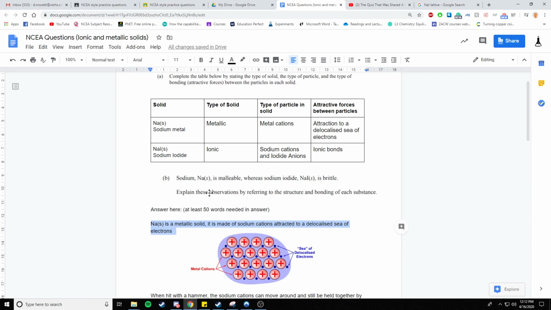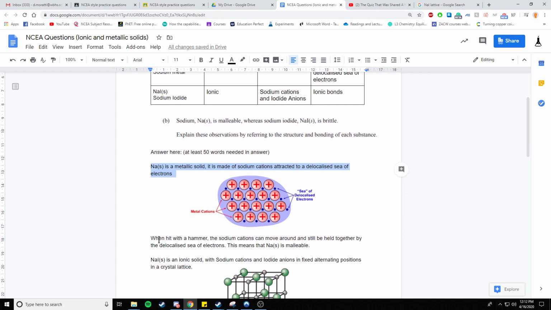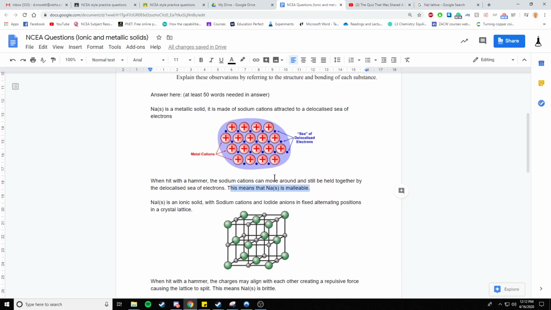When hit with a hammer, the sodium cations can move around and still be held together by the delocalized sea of electrons. This means that sodium metal is malleable. So you can hit this with a hammer, it can change shape.